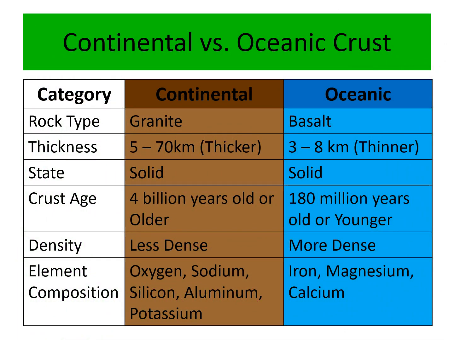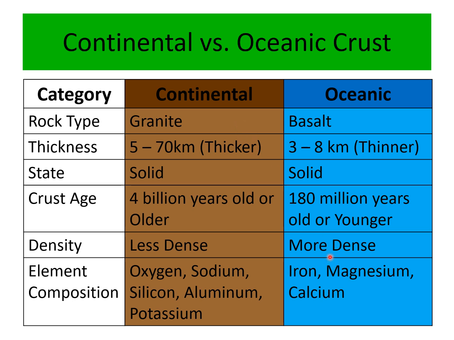The next part is a table that compares your continental crust with your oceanic crust. Basically, they differ in the rock type. For continental, it's granite, and for oceanic, it's more of basalt. However, both of them are volcanic rocks. Also, as you can see here, oceanic crust is thinner compared to your continental crust.